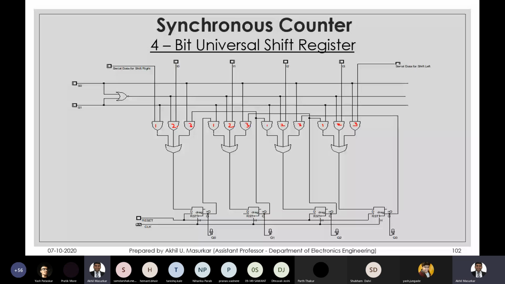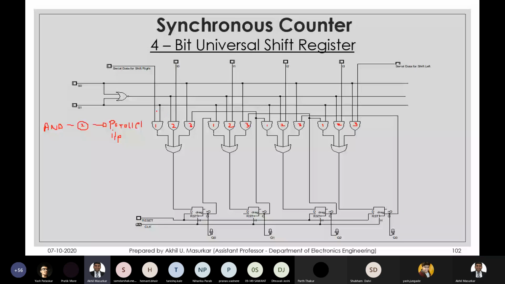On AND gate number 2, you are giving your parallel inputs. That means if you want to do parallel in, you have to enable AND gate number 2.